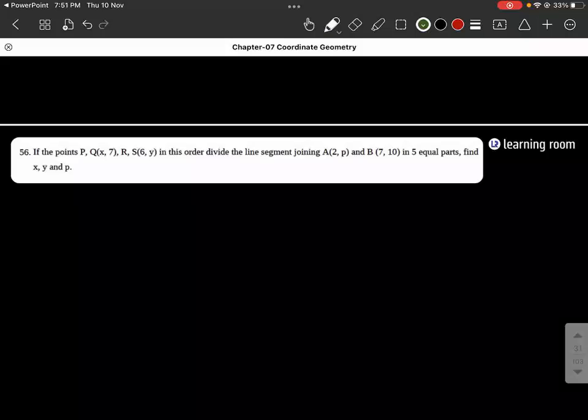Okay, got it. So if the points P, Q, R, S in order divide the line segment AB. A is (2, P), B is (7, 10).